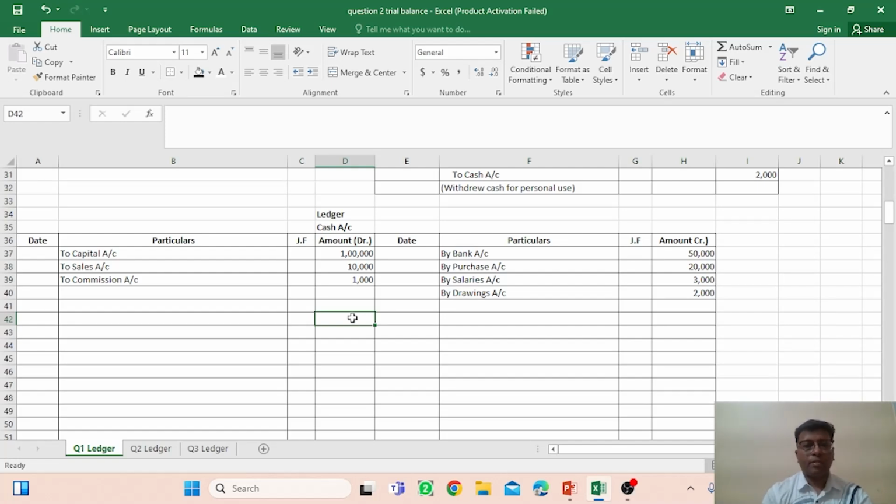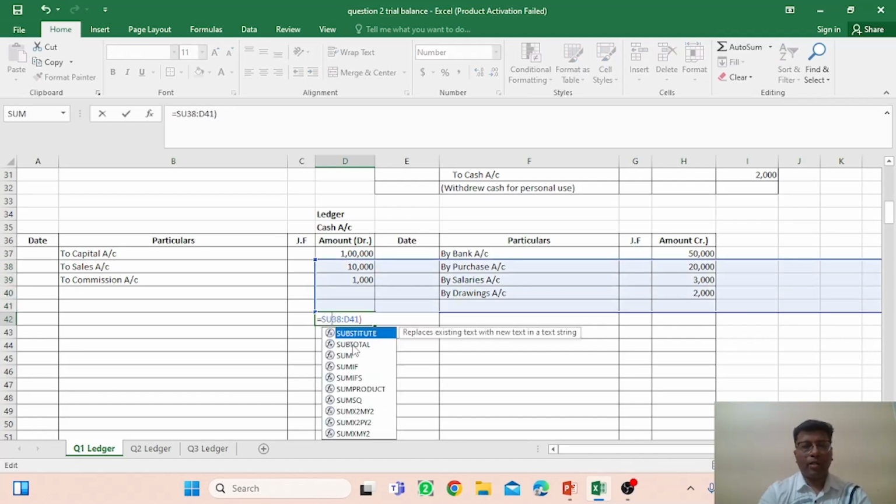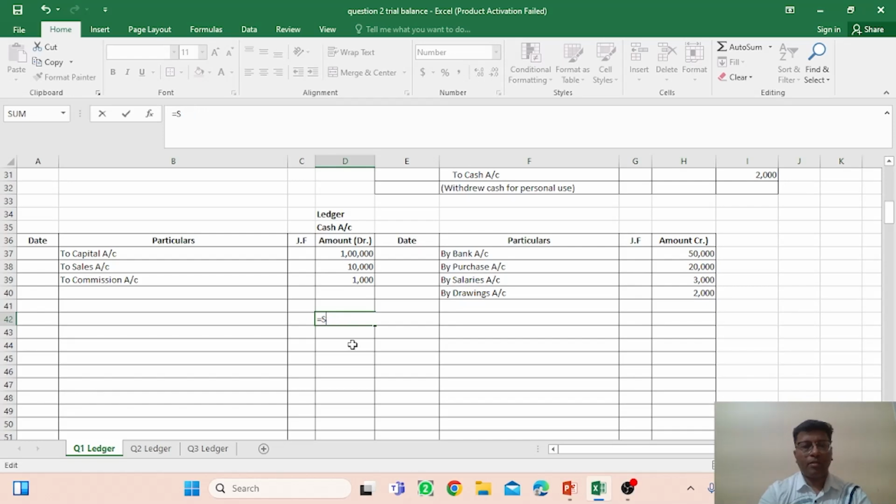So here is the total of this particular amount, rupees 1 lakh. Okay, manually we take it, rupees 1 lakh 11,000. Right, and here 75,000.